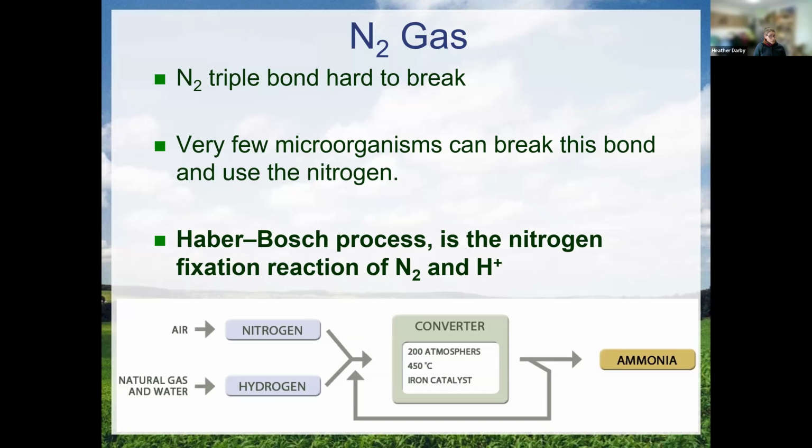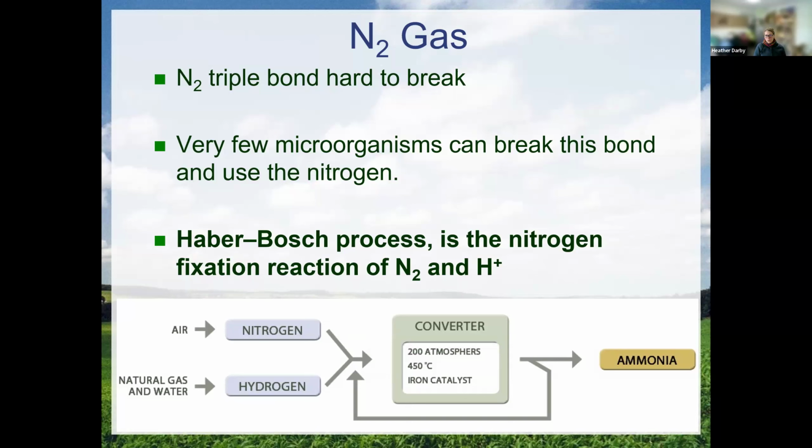Now, the other way, and I would say at this point, this is the predominant way that most crops, most plants, even people, get protein and nitrogen. And it's through the Haber-Bosch process, which essentially takes nitrogen gas out of the air and then uses hydrogen from natural gas and water to break that triple bond and make ammonia.